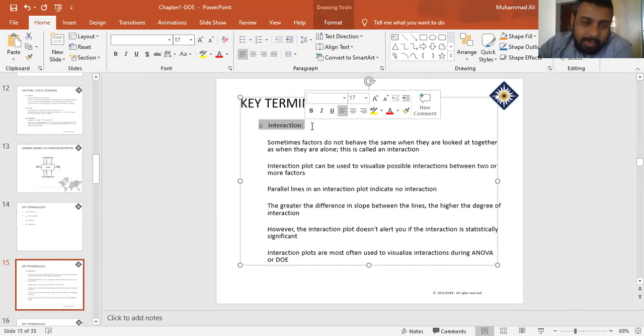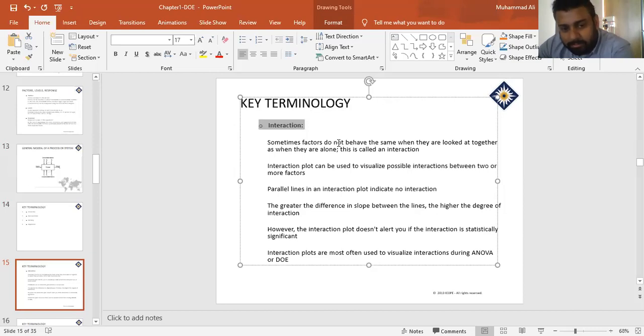Now, if you have the rock, you are sending the water inside it. So if it has the minerals, there will be interaction inside it. Okay, and this interaction means that if there was water alone only in the rock, the result may be different. But now, because the rock had the minerals and minerals can react with the water, the result may come up differently. So whatever factor you are applying, there's a chance that it may interact with other factors and come up with absolutely different results.